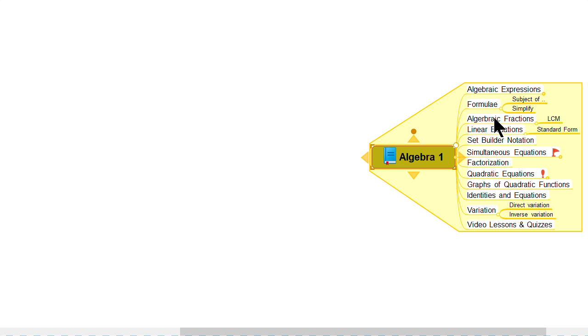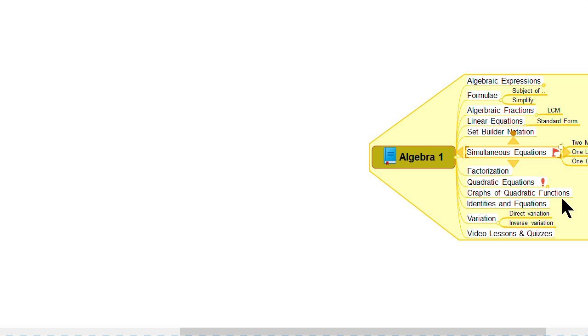And when you're studying algebraic fractions, that can be expanded to show you that you have to identify the lowest common multiple, and so on. Set builder notation, simultaneous equations, you can expand that.